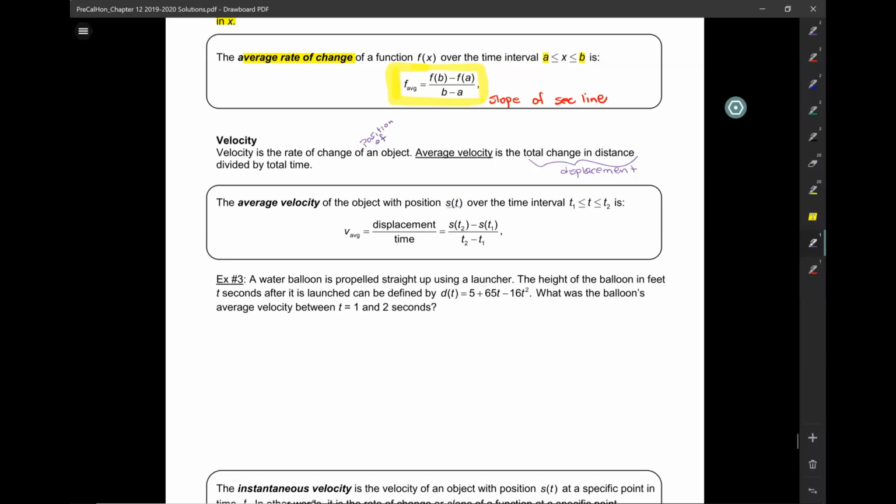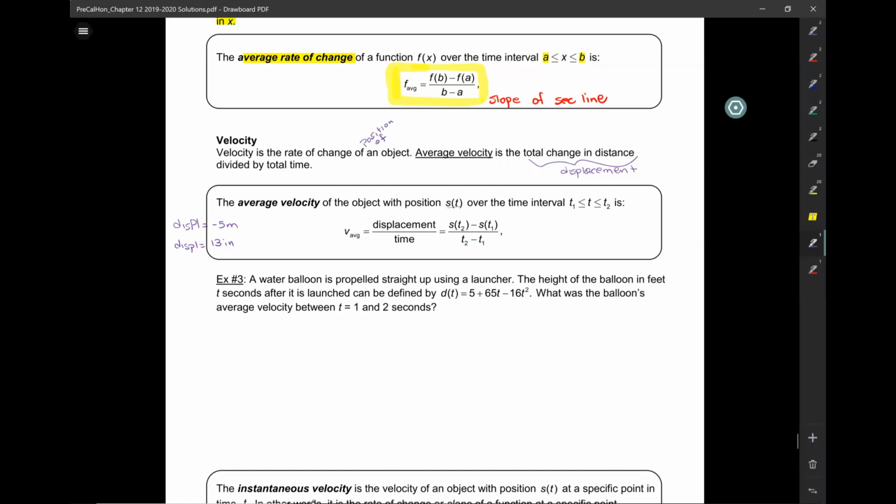So that means if you have a displacement of negative 5 meters, that means you went backwards, or in the negative direction, 5 meters. If your displacement is positive 13 inches, that means something moved in the positive direction, forward 13 inches.